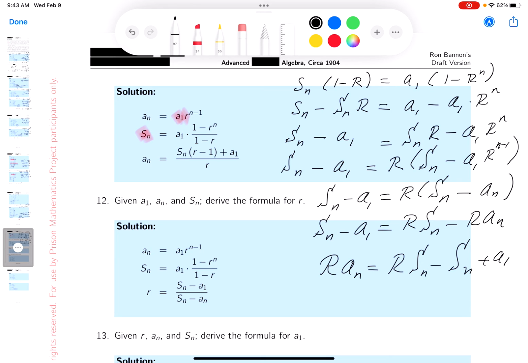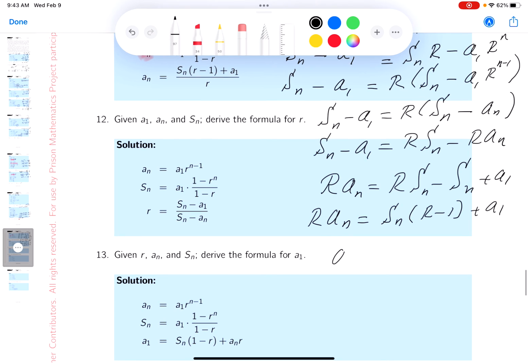I've got to factor. R An equals, let's see, Sn times R minus 1 plus A1, and I'm there. What do I get? An is equal to Sn times R minus 1 plus A1, all over R.